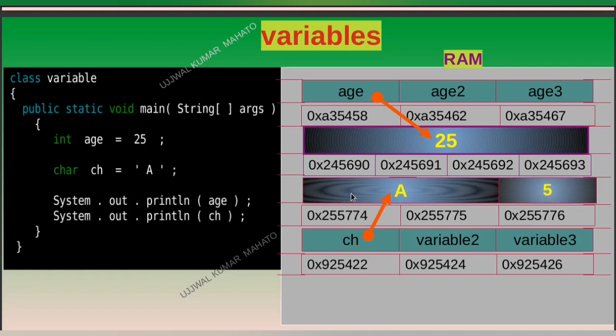Now we will see in the next section how a decimal value, as you know 25 is a decimal value and capital A is a character, gets stored in the RAM.